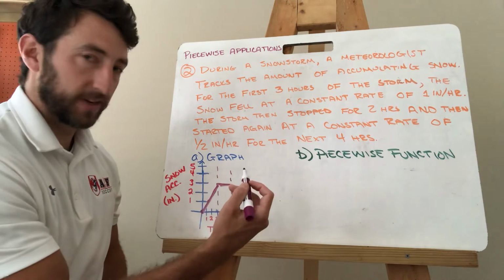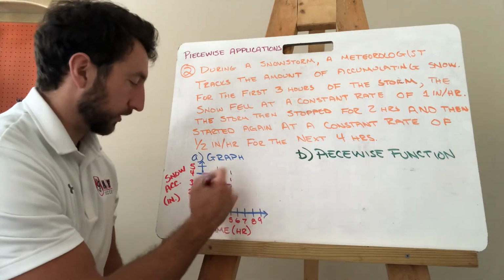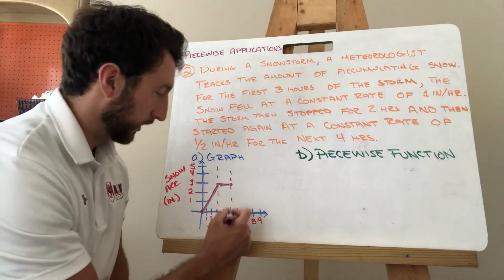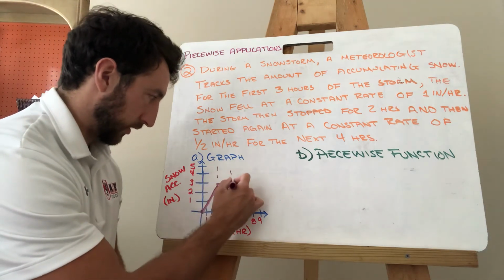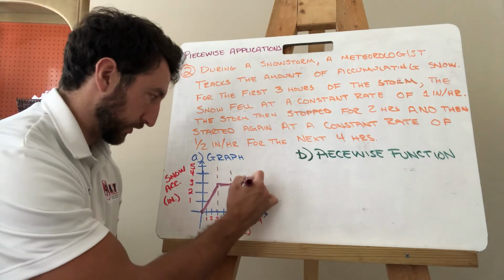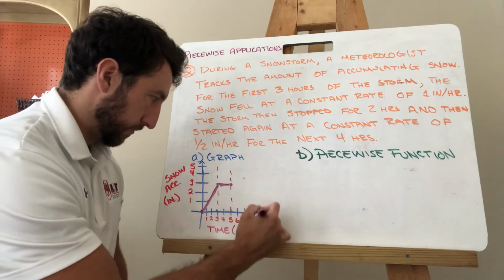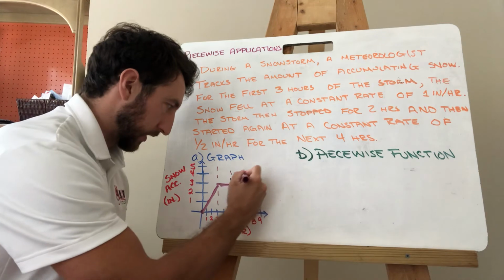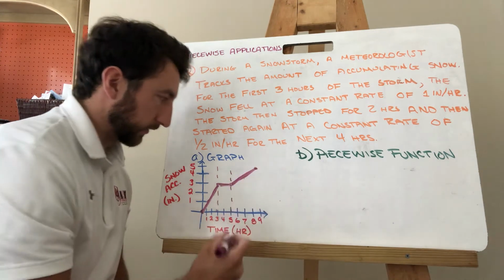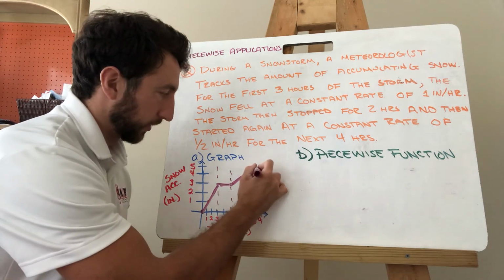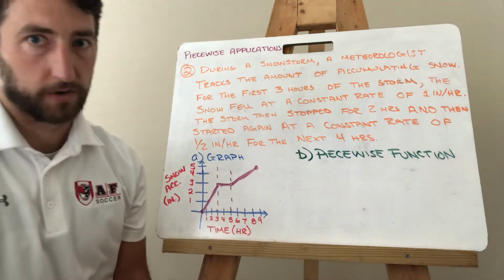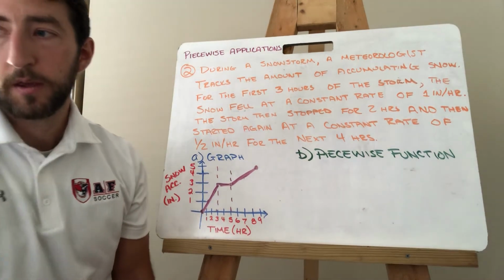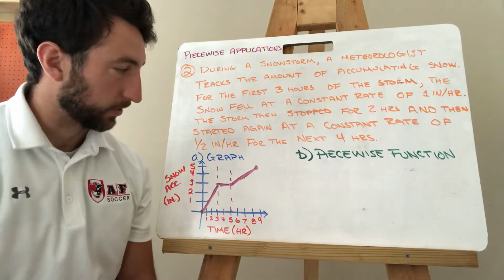But remember we didn't lose anything, so we're still at 3 inches accumulated. And we're following our slope, going up 1 and over 2, and then up 1 and over 2. It doesn't say anything else, so we're just going to put a little endpoint there. We're not going to say it keeps on going forever. So we've got a little 9 hour snowstorm.